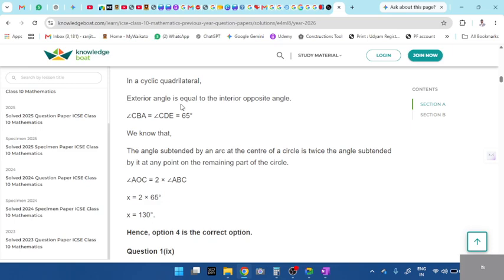In a cyclic quadrilateral, exterior angle is equal to interior opposite angle, 65 degrees.